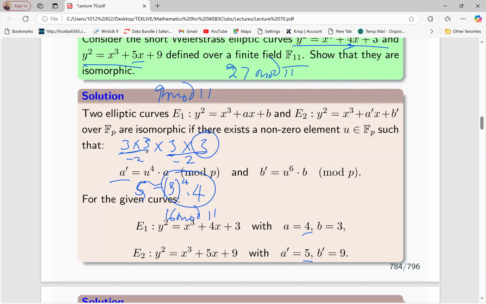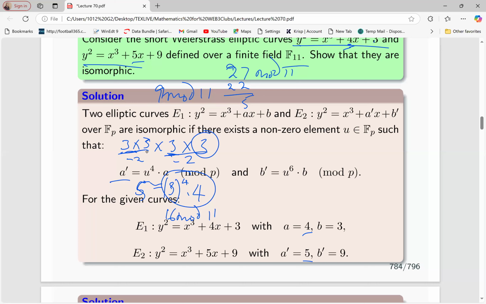Okay, this was 3, 3 times 3, 9 times that, 27. 27 mod 11, the remainder will be 5. 5 times 3, that's 15. 15 mod 11 would be 4.